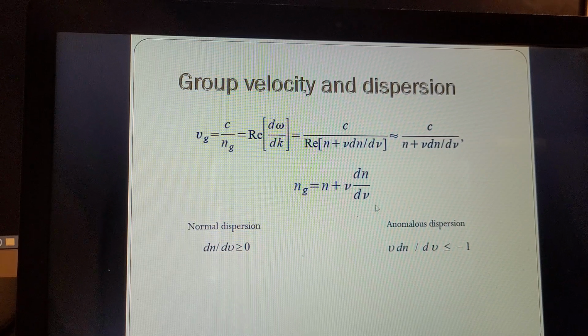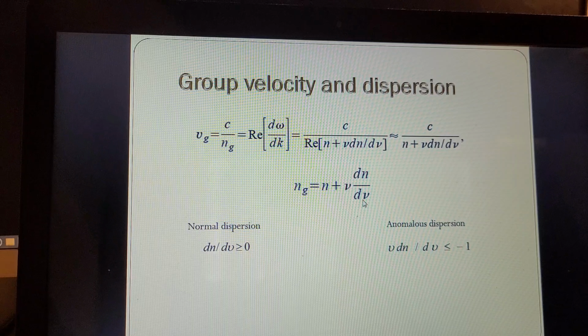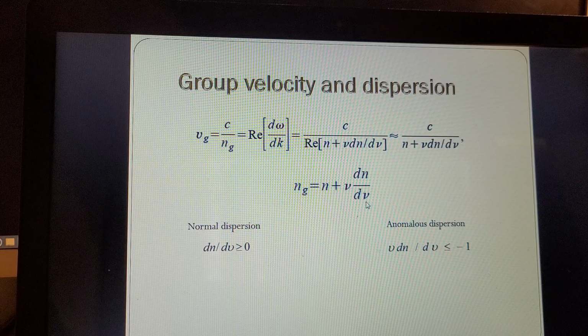So ng, by just a little bit comparison between this and this part, ng can be written in this form. So ng equal n plus nu dn divided by d nu, or the first derivative of the refractive index respective to the frequency.